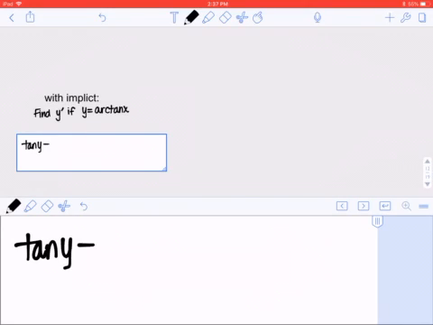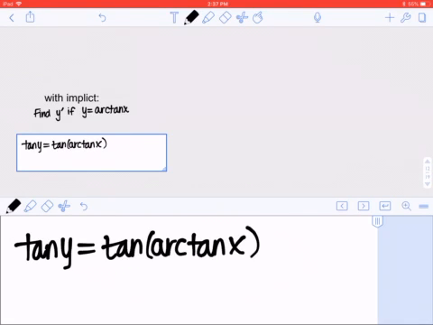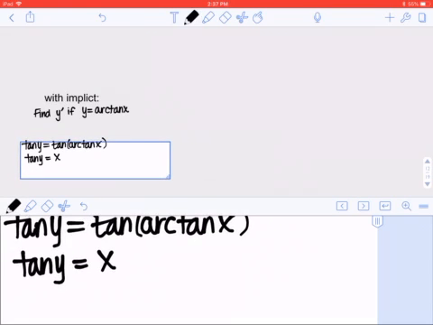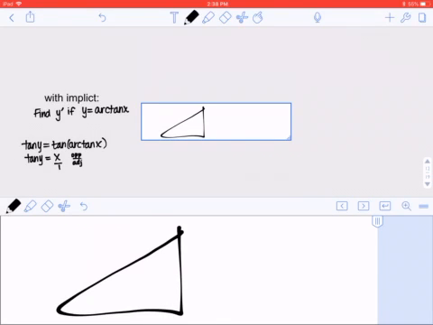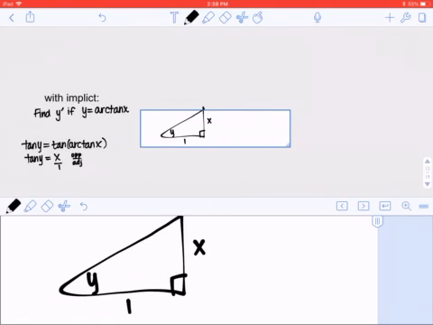So it'd be tan y equals tan of arctan of x, which would be the same thing as tangent of y equals x. One thing I know is that in a right triangle, the tangent of an angle equals the opposite over adjacent. So I could think about this as being the side lengths of a right triangle, where the angle is y, and so opposite would be x, and adjacent would be 1.